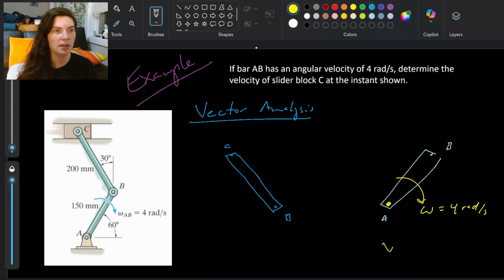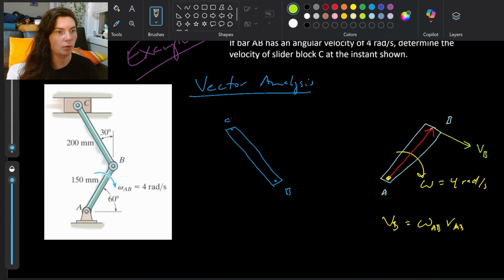Since it's just rotating about this fixed point, I know my velocity of B is just the angular velocity times r_AB, that position vector, just the scalar of that, where VB is going to be perpendicular to this vector r_B/A. So when I go to calculate VB, this bar has a length of 150 millimeters and I've got that omega of 4, so 4 times 150 is going to give me 600 millimeters.